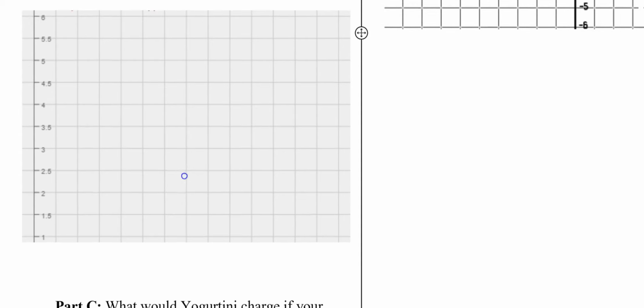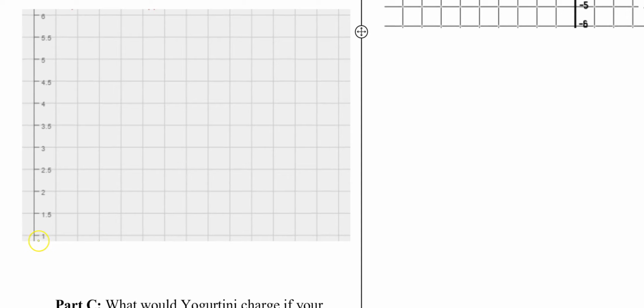So I'm going to modify this graph just a little bit. So we're going to call this, we're going to extend this down. We should have 0.5 right there. Extend this down. That gives me, that's 0. We go across.